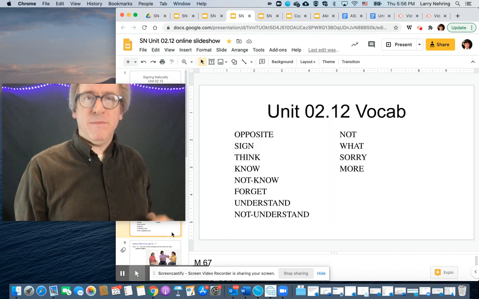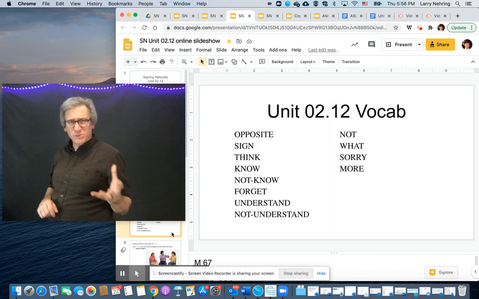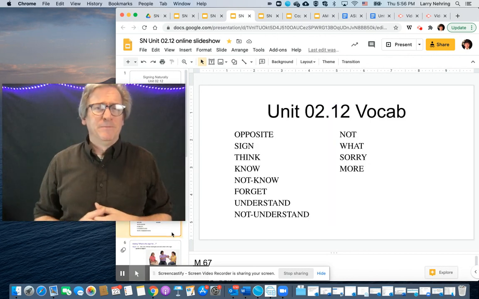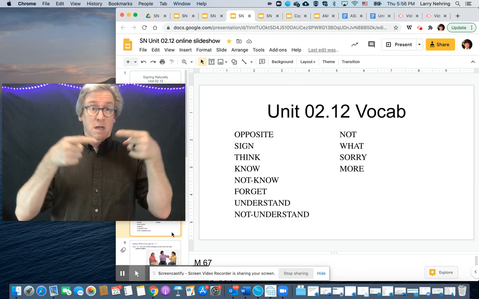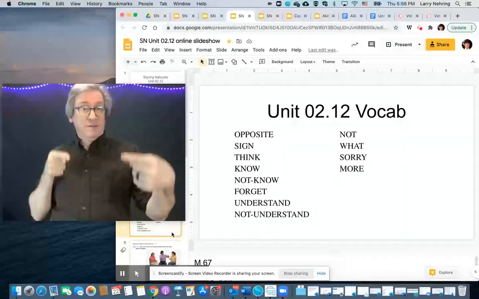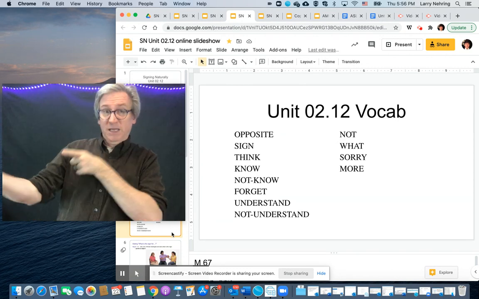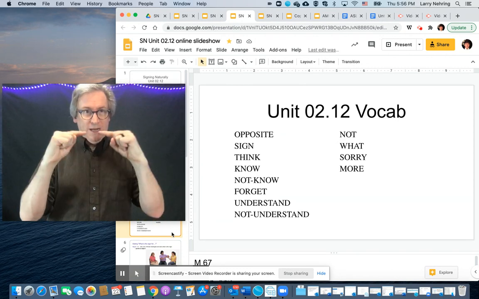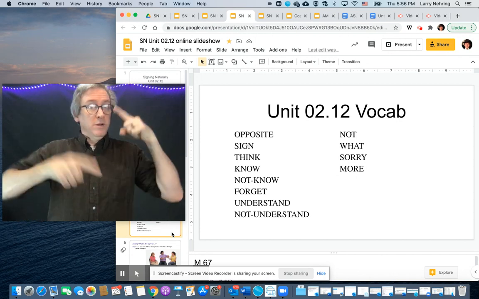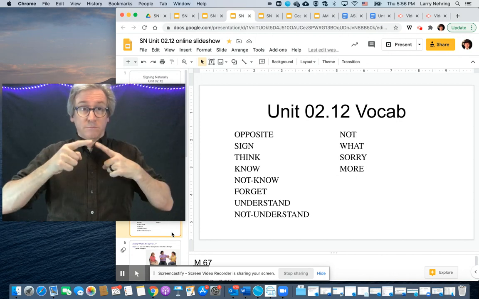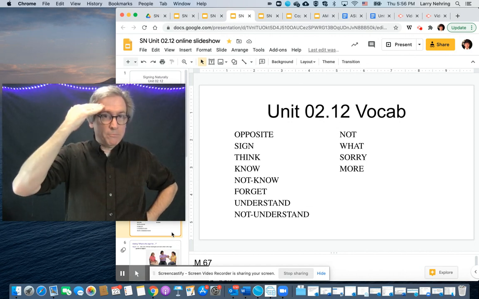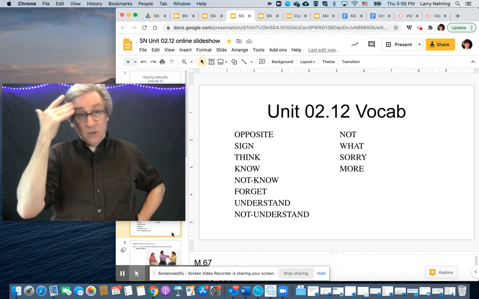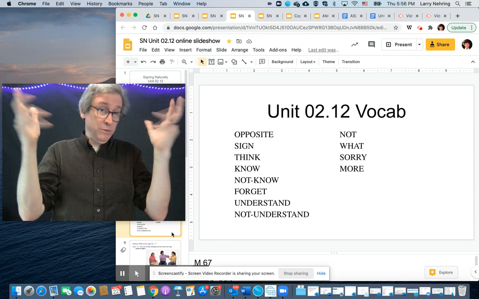There's some vocab that's worth thinking about. Most of these we've already seen, some of them we haven't. Opposite. It could be opposite of me, so they're pointing at each other. Opposite. Sign. I think. I know. I don't know, or don't know, you can do it with both hands.